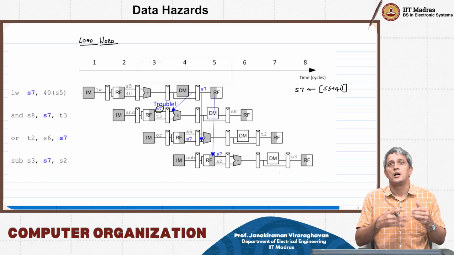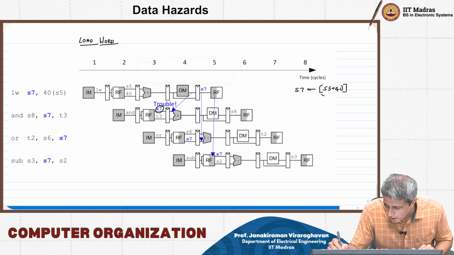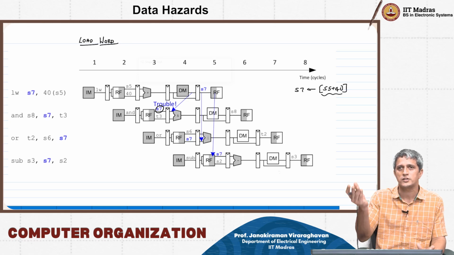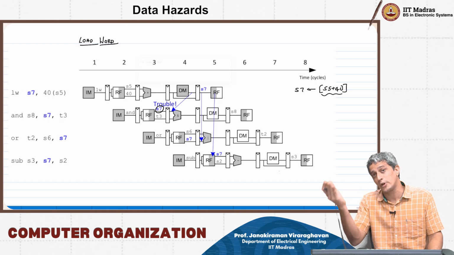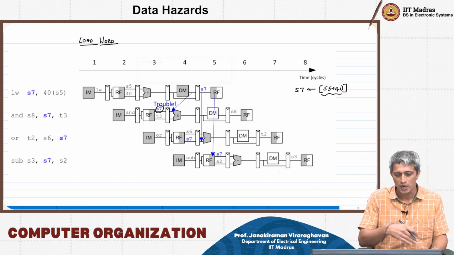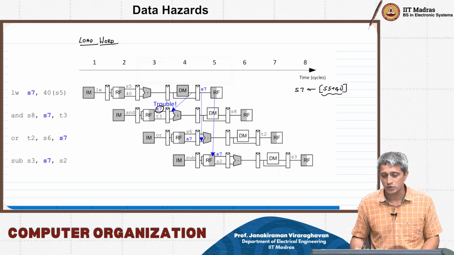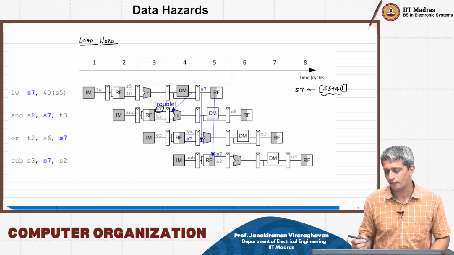The ALU still doesn't have the answer, because at that point the ALU only has this answer, and therefore there is no way you can just forward that. You have to wait one more cycle to do a data memory read and then get that answer back into the S7 register. So when you are dealing with this load word, you have to be extra careful about this kind of dependency.